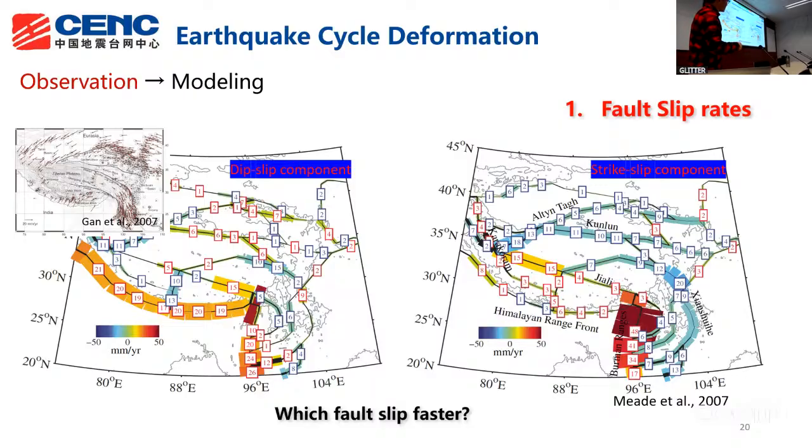The fault slip rate can also include the deep slip component, like here. It's a thrust, pushing another plate to move. But the strike slip is parallel.